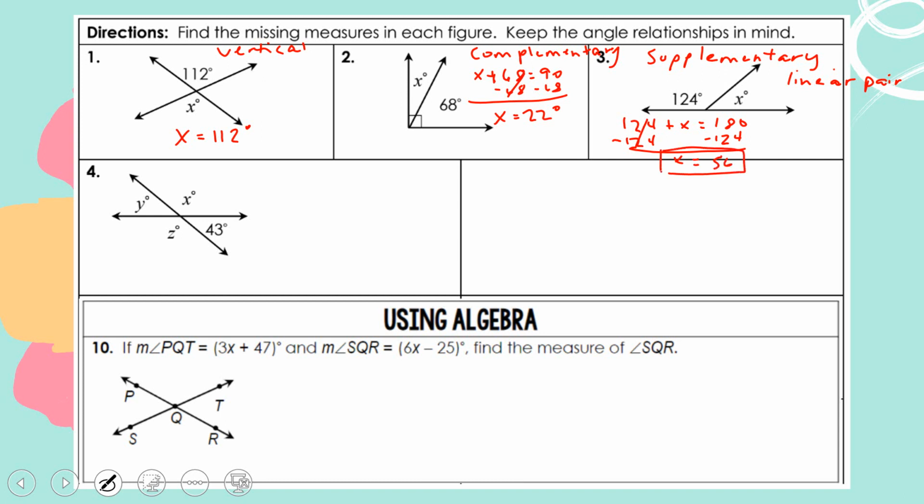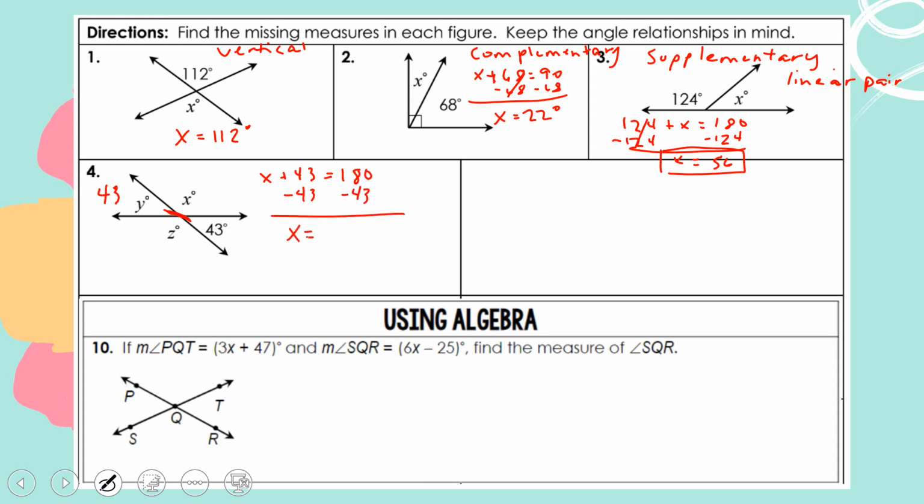All right. Now here we need to find x, y, and z. So I'm going to start with y because these two are vertical. So I'm going to say y is 43. And then x and z are going to be the same because they're also a vertical pair. So I'm going to say x plus 43 has to equal 180. So I'm going to subtract 43 from both sides.